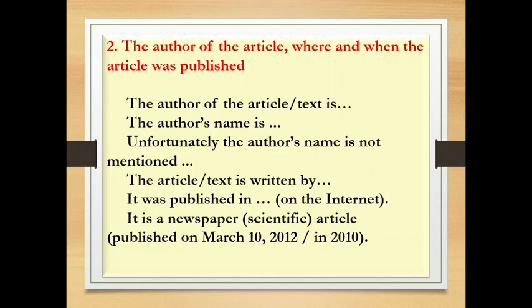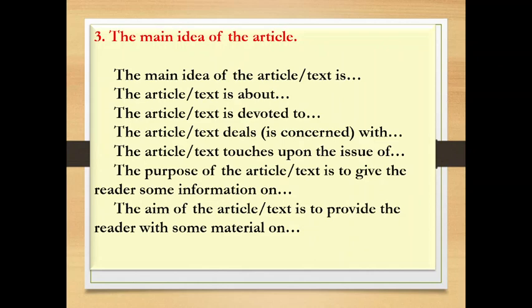The article text is written by... It was published in... or on the internet. It is a newspaper or scientific article. For example, published on March the 10th, 2020, or in 2010.